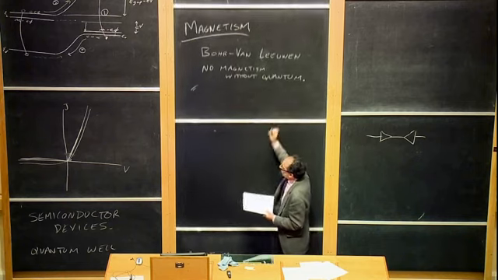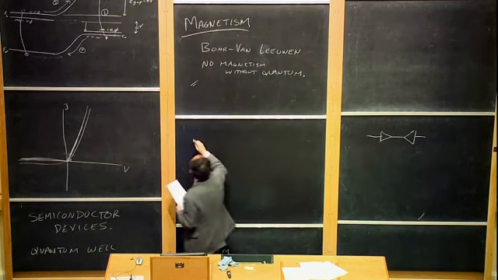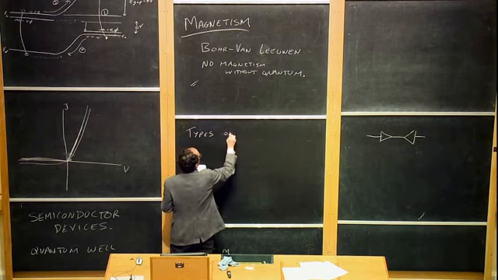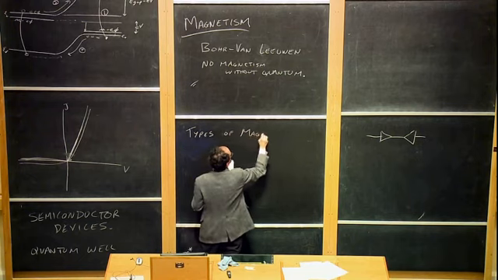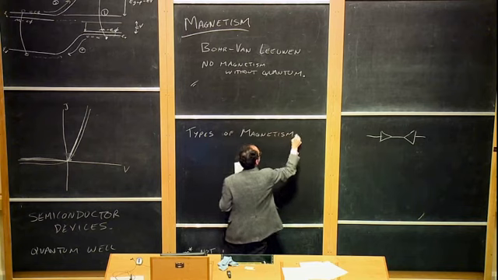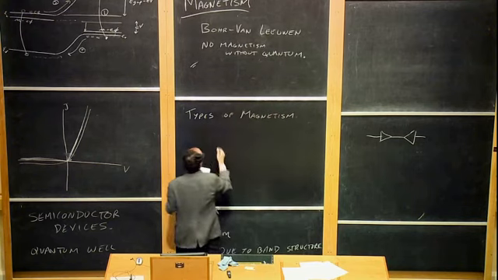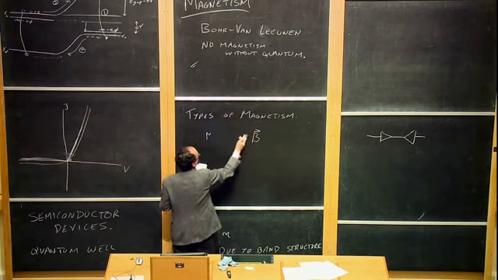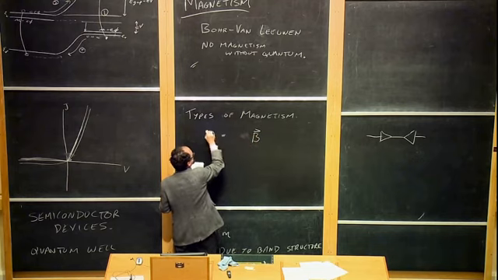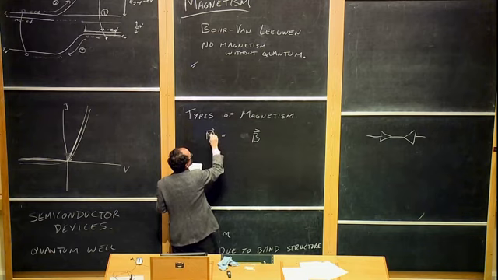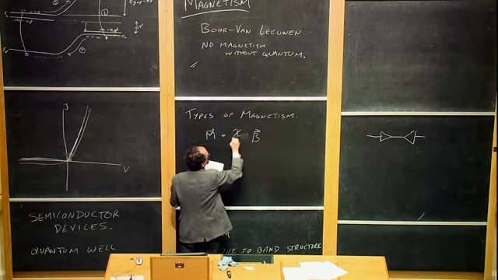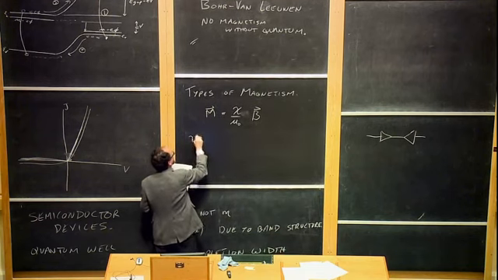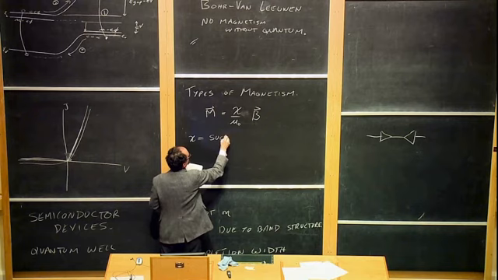OK. So let's start by defining a couple of the types of magnetism that we're going to need to know about. Usually what we do is we apply a magnetic field to some object, and we measure a magnetization, M. And if there's a proportionality constant, we call the proportionality chi over mu naught, where chi is known as the susceptibility, or magnetic susceptibility.